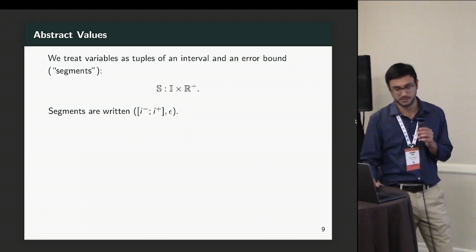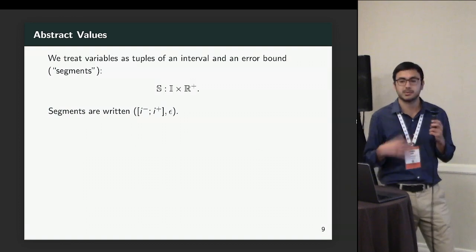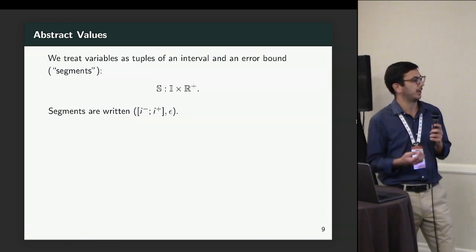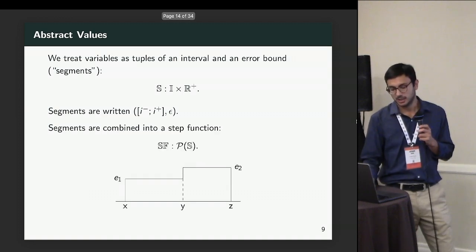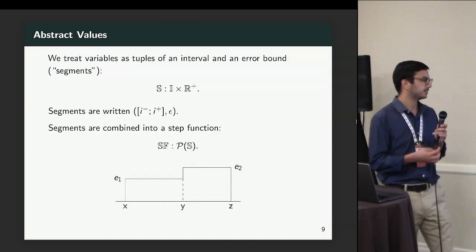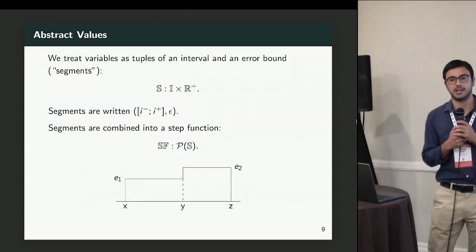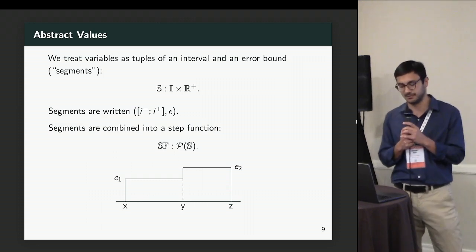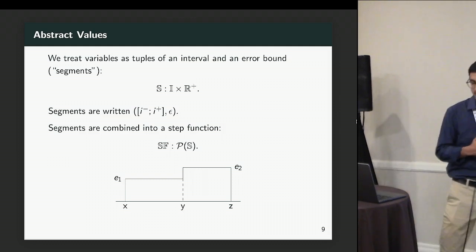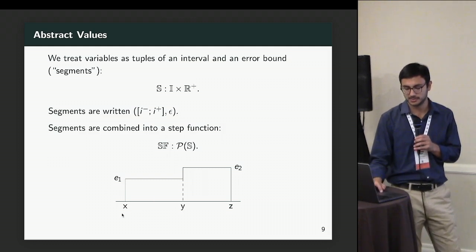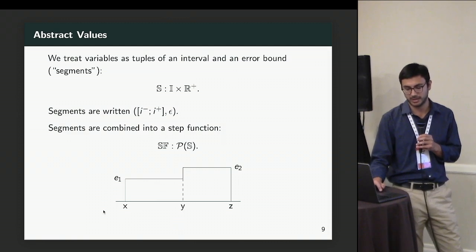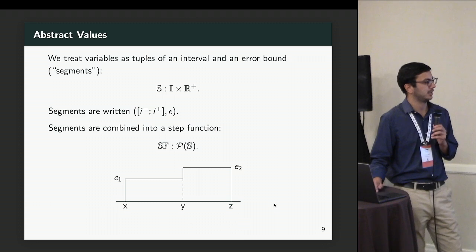We write segments in a pretty standard way, but because we want to actually split and provide multiple error bounds across binade boundaries, we actually consider sets of these segments. And a set of segments, if you really think about it, is just a piecewise constant step function. So here's just a little diagram with two segments, one going from x to y with a certain error bound, and another going from y to z with a slightly higher error bound.